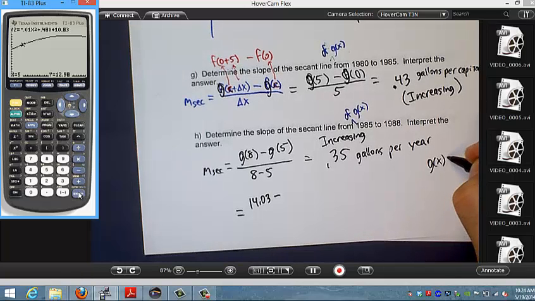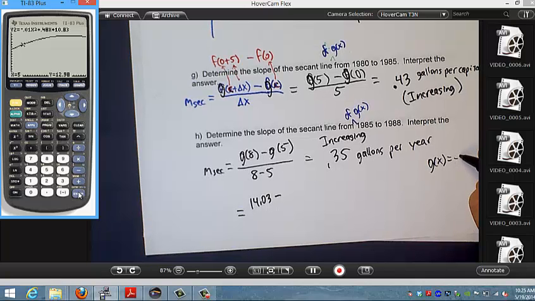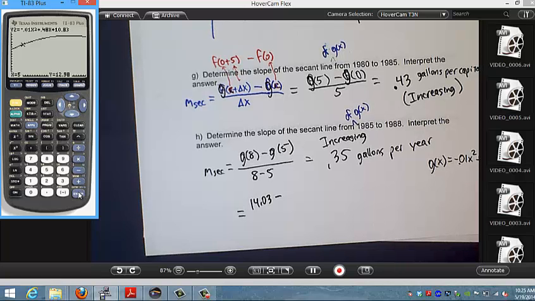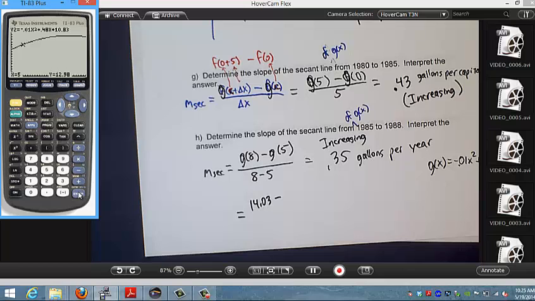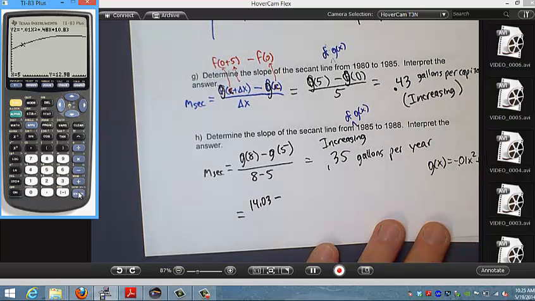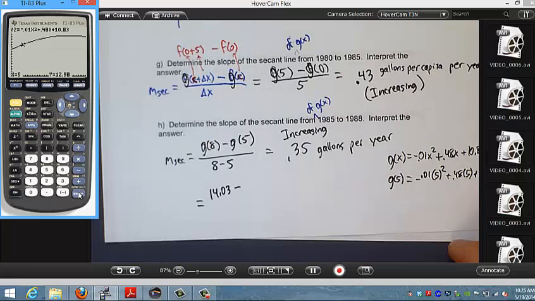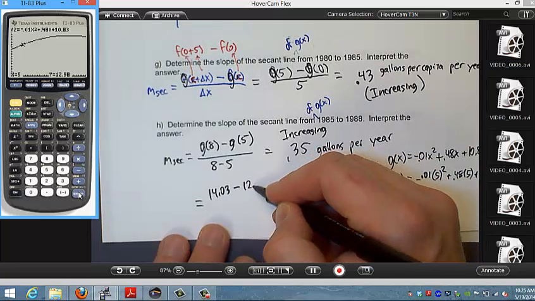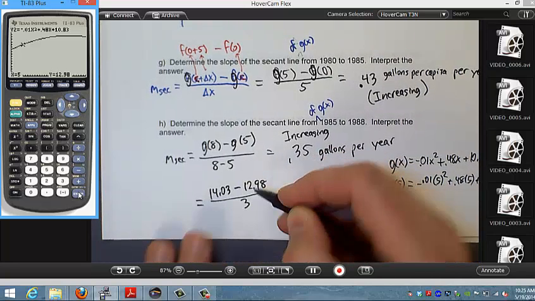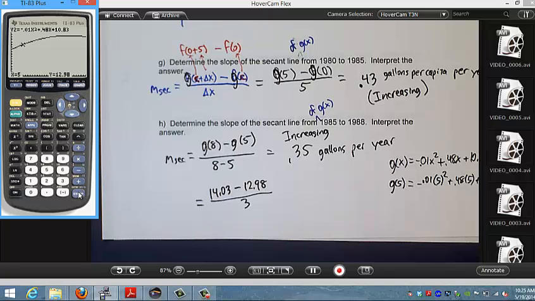If g of x is negative 0.01x squared plus 0.48x plus 10.83, you understand what I'm doing when I say g of 5 is everywhere there's an x, I'm putting what? 5 squared plus 0.48 times 5 plus 10.83. And I work it all out, and I get 12.98. Right? I just want to be very clear about what we're doing.